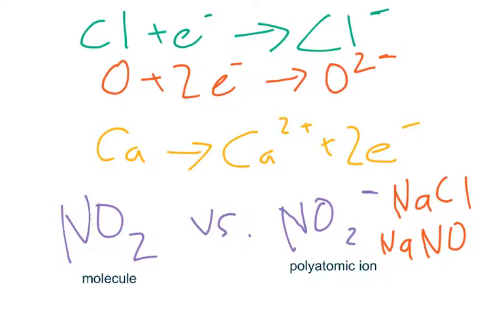So if chlorine gains an electron, we denote it as Cl-, since it has an overall charge of -1 due to the extra electron. We don't put the 1 there because it is implied when we write minus. What if oxygen gained 2 electrons? Then it would be O2- or O-2, but I prefer the first one. The order of the negative doesn't really matter.